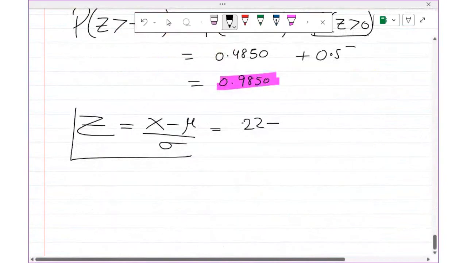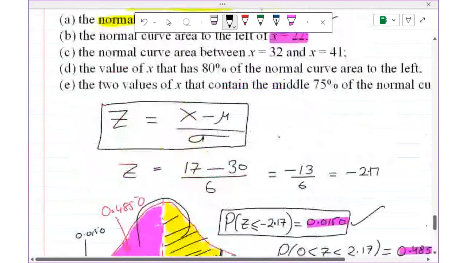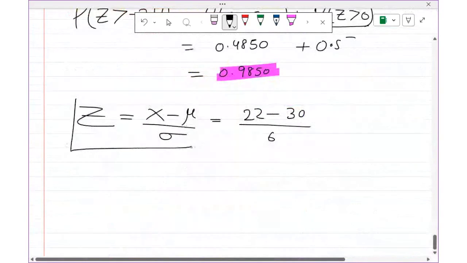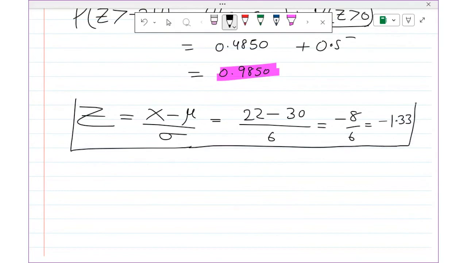Mean was 30, I think, and sigma was 6. So this value will be minus 8 by 6, which is minus 1.33. Okay, Roshan has done it. Good. So z is minus 1.33.